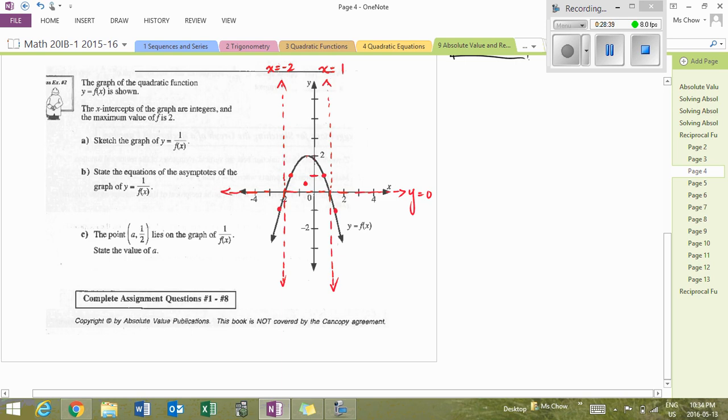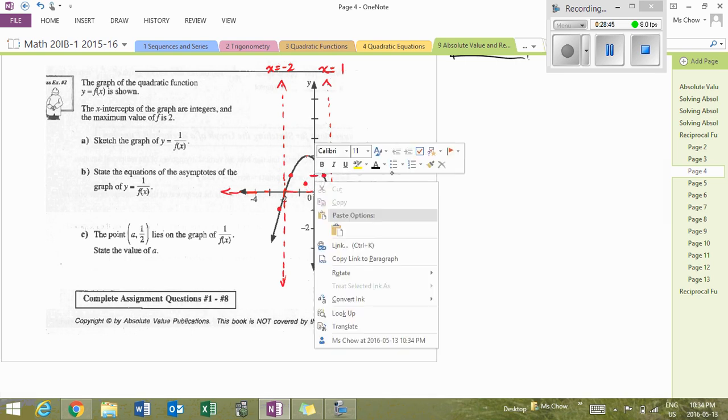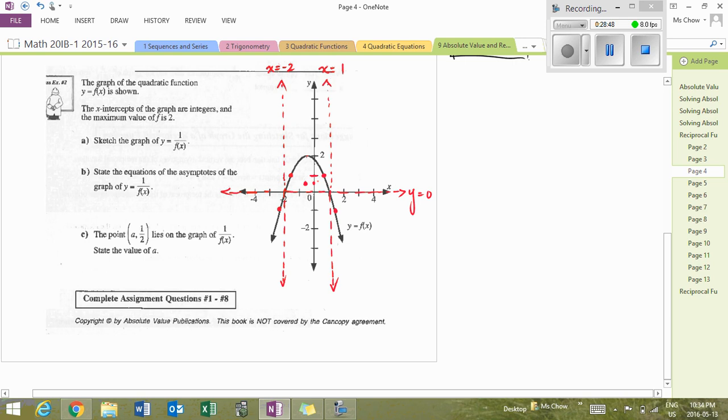Here's my y-intercept, almost at 2, so again, this is going to give some more information of where my y-intercept is going to be. So again, not a whole lot of options. I have to cross through that y-intercept. I have to cross through that now reciprocal of my max point.